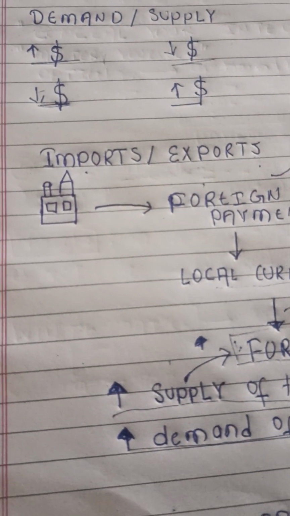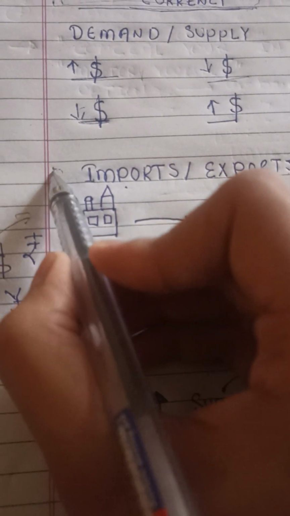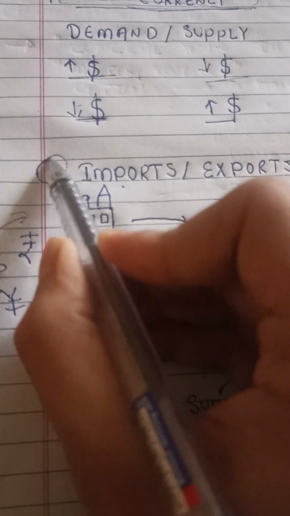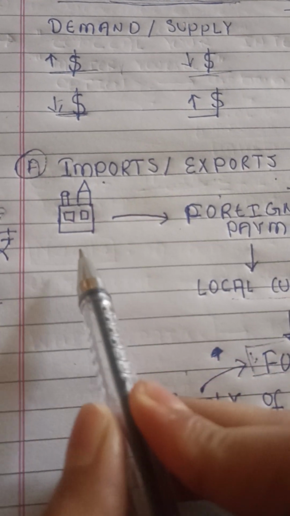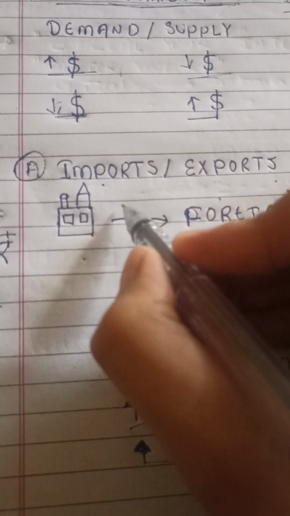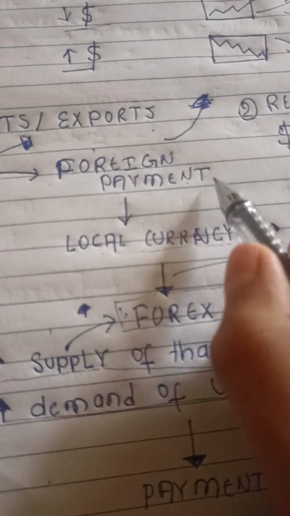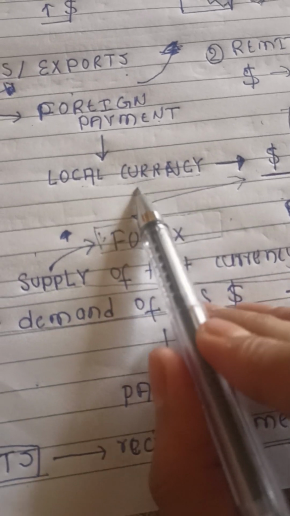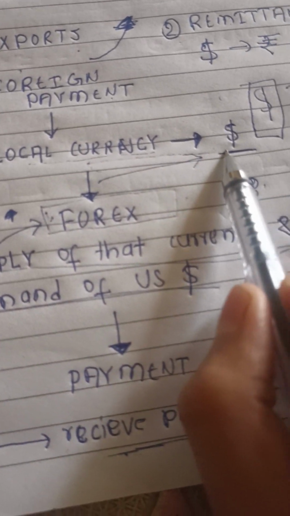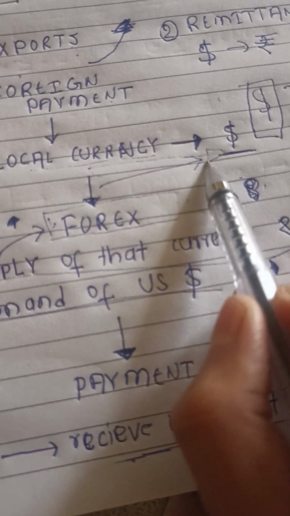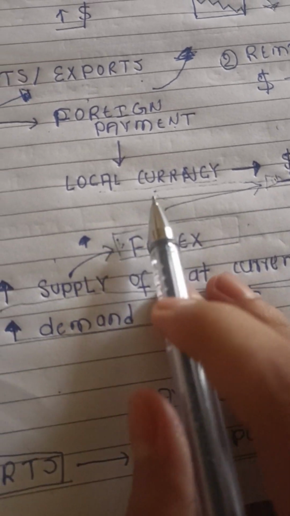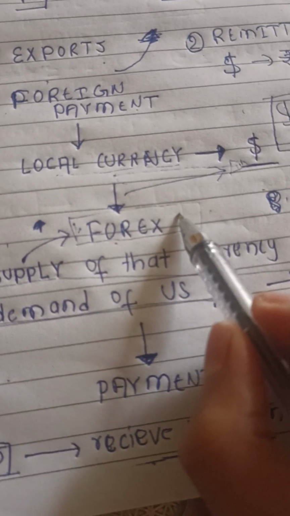Well, the most important factor that makes it possible is imports and exports. Say, for instance, a national company wants to buy something from an international company. For that, it needs to make some kind of foreign payments to them. For that, it needs to convert its local currency to an international currency. What will it do? It will go to the forex market and try to convert it.